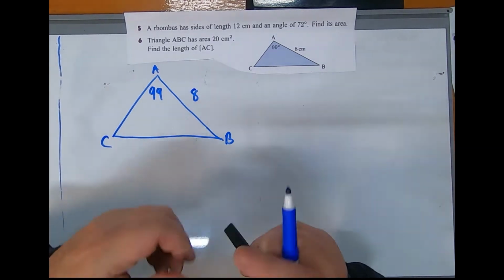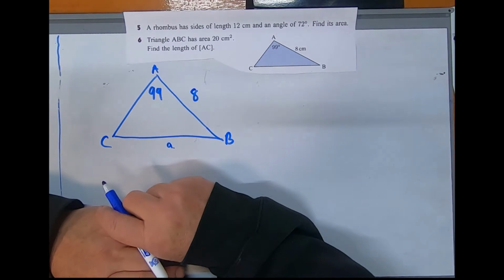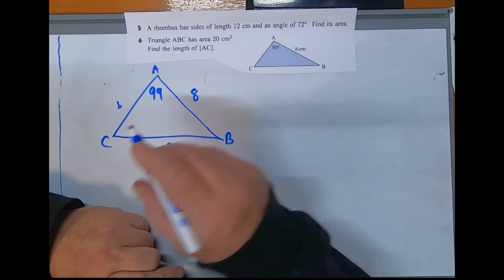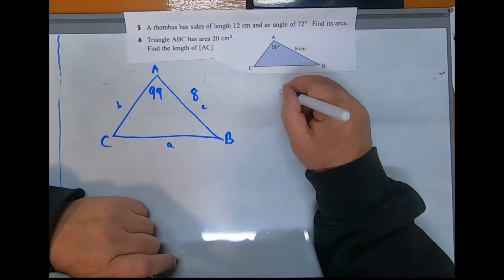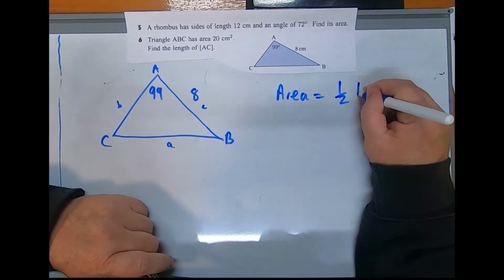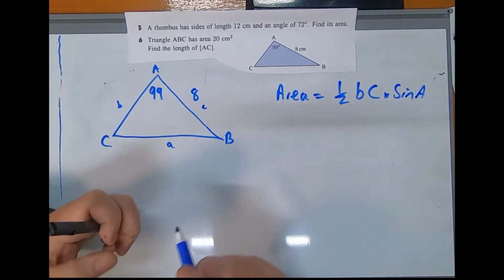So let's finish off this labelling system. Capital A, little a, even though I'm not going to use little a in this question. Capital B, little b. Capital C, little c. Formula: area equals 1/2 B times C times sin A.